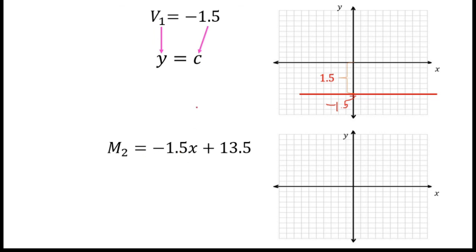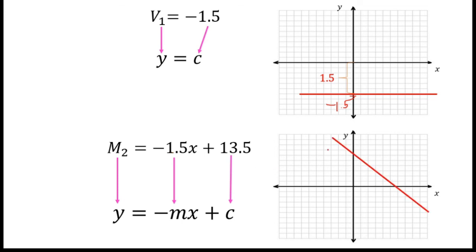And here this is of the type y equals minus mx plus c. You can see this is minus m, that means this is a negative slope. So this is this type of line.